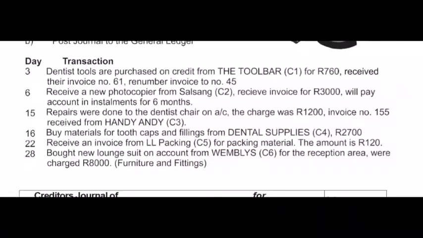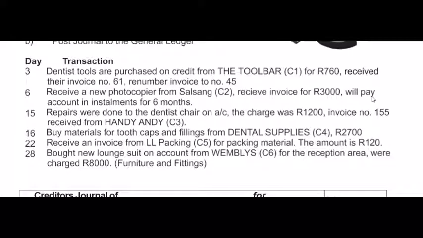The next transaction on the 6th said receive a new photocopier, which will also be equipment, from Samsung, creditor number 2. Receive an invoice, so these two words indicate it's a CJ transaction, for 3,000 Rand, and we will pay the account in installments for 6 months.